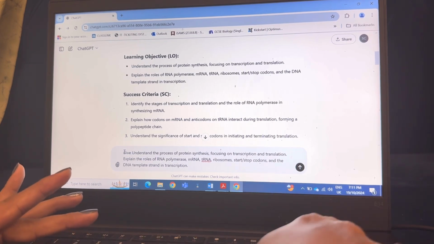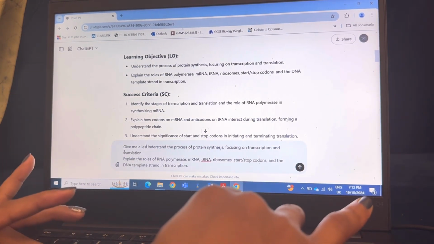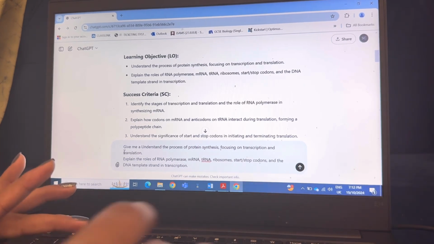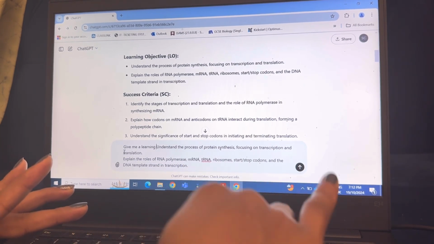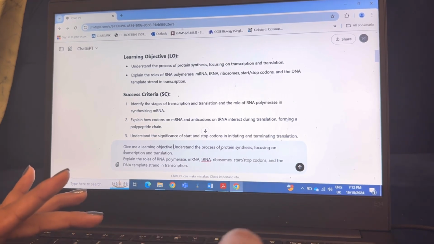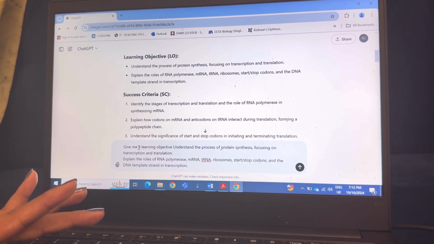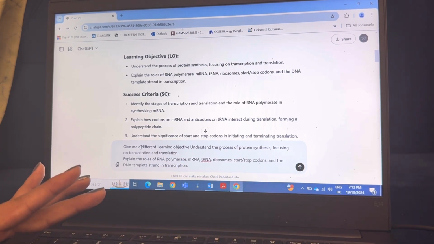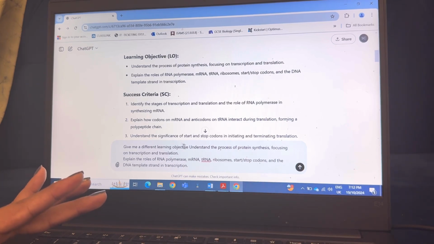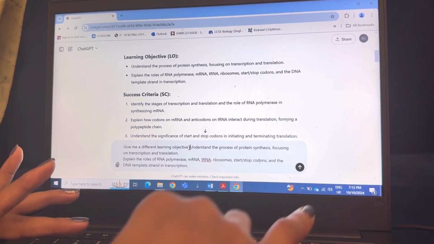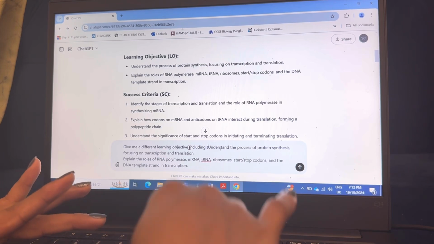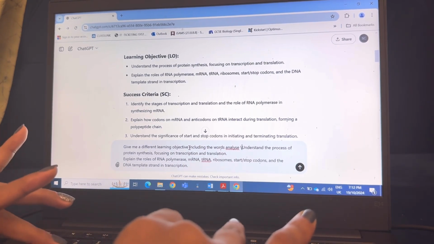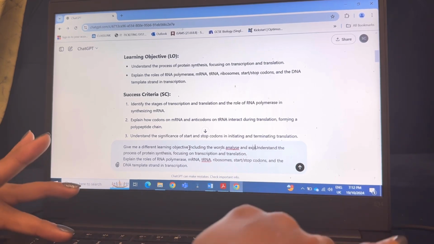Give me a lesson plan. Sorry, a lesson. What am I typing? Okay, give me a learning objective. Let it be, give me a different learning objective, including the words analyze and explain.